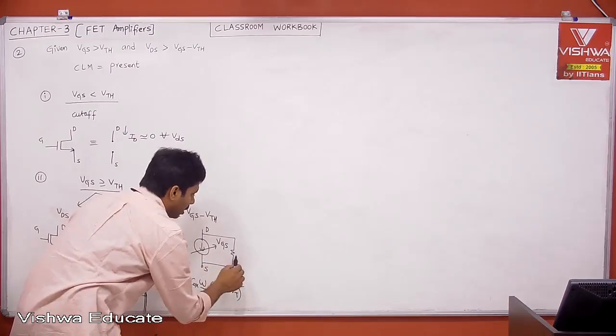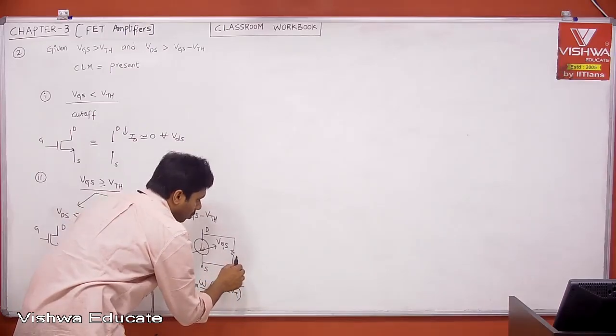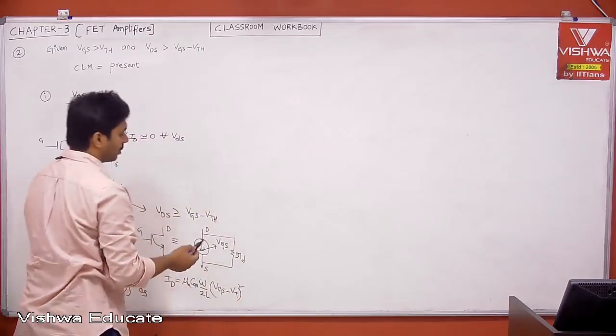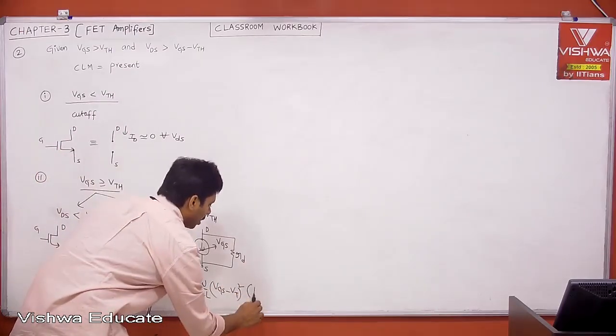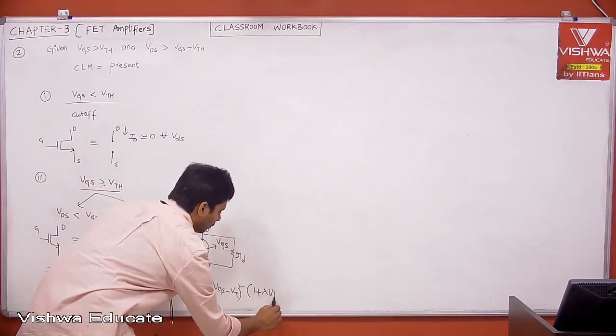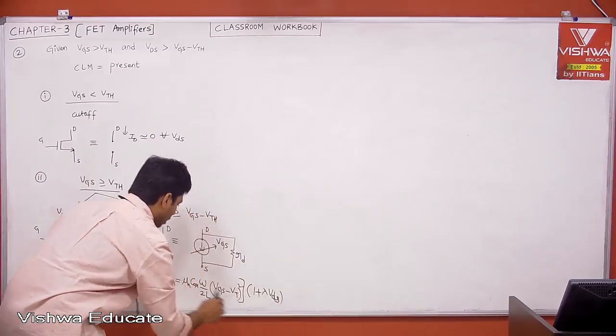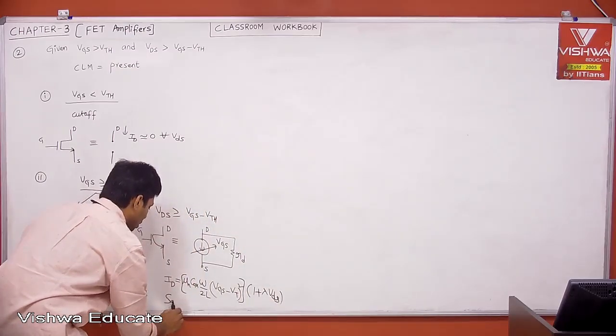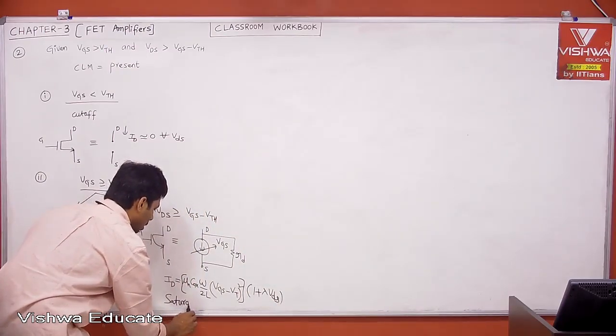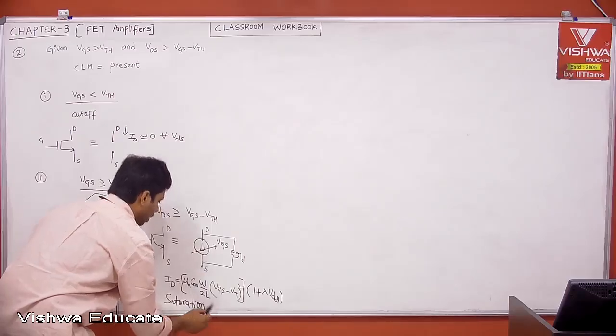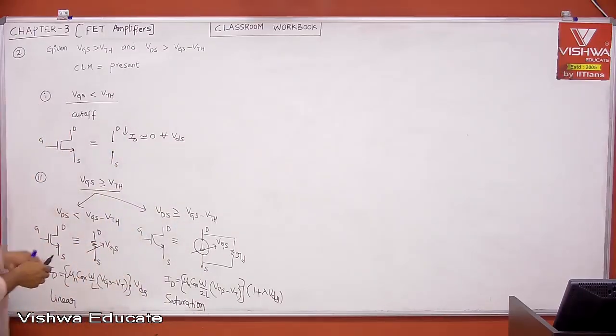This is representing your channel length modulation, right? Whatever we are having is nothing but your small rd. That's what people represent. Therefore, 1 plus lambda into VDS, because now channel length modulation is there. This is your saturation region. Practical model, including channel length modulation.